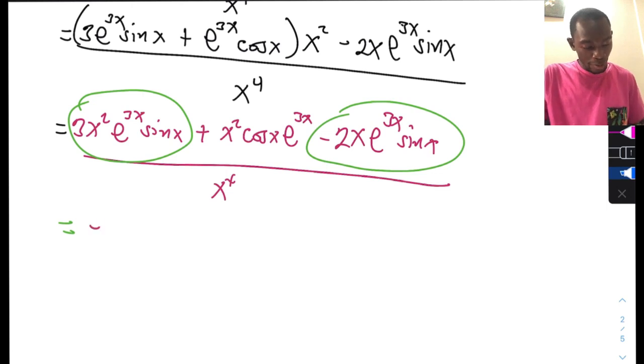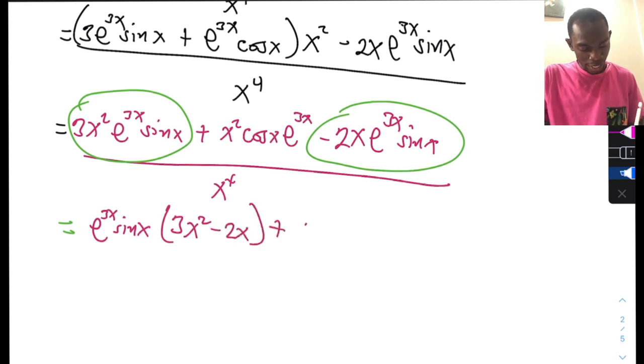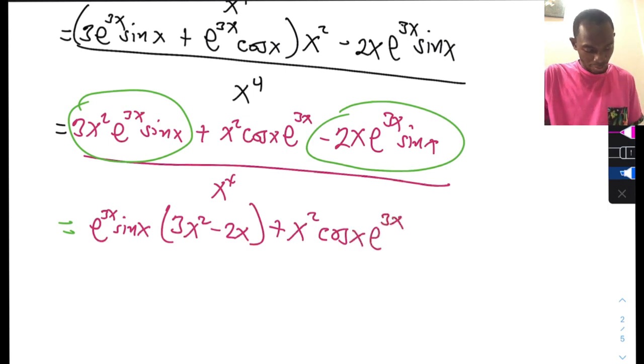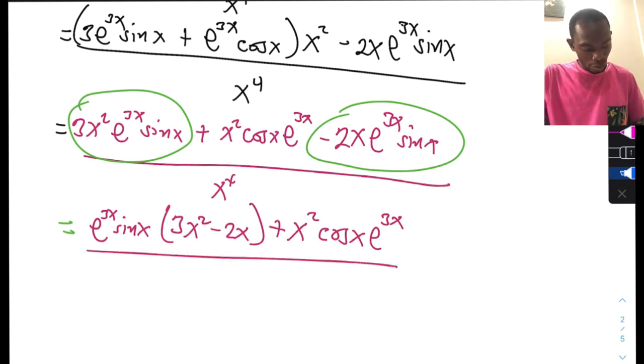In fact, e to the power 3x sine x, and then I'll be left with 3x squared minus 2x, all right, plus x squared cos x e to the power 3x. All right, okay, so all over x to the fourth power.